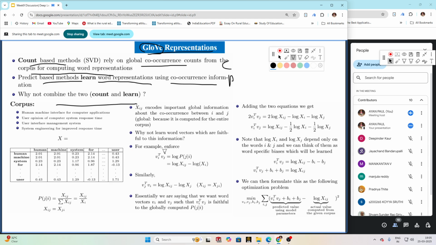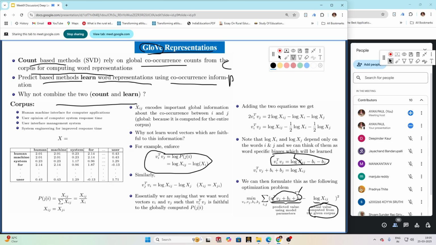So this is our idea of the formula, this is our total formula. See, we have two parts. One part is this, log Xij, which depends on the actual value computed from the given corpus, and this is the predicted value using the model parameters.